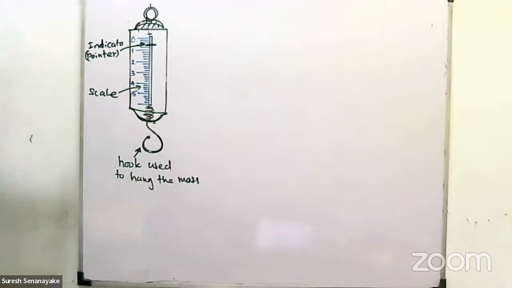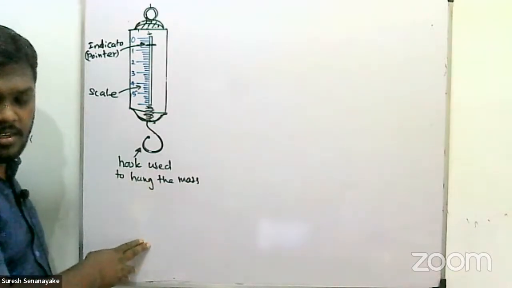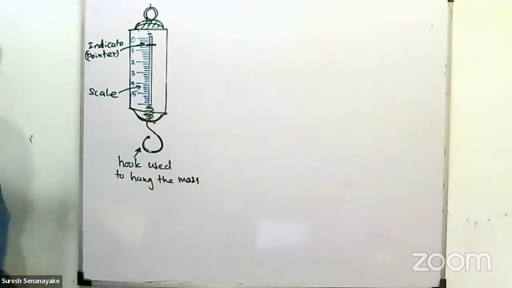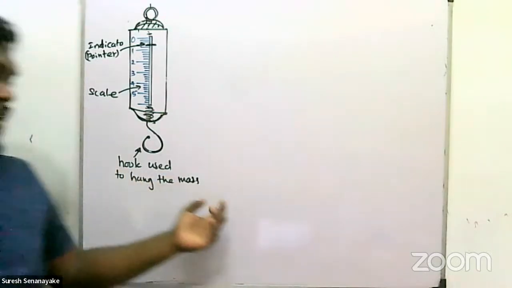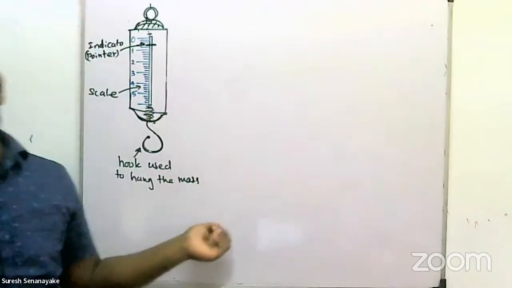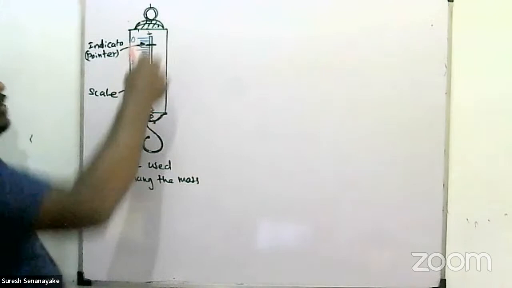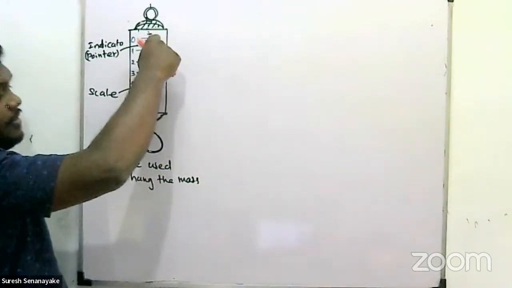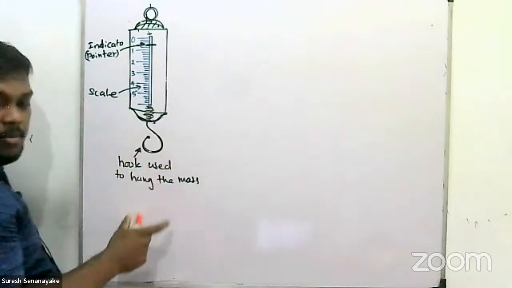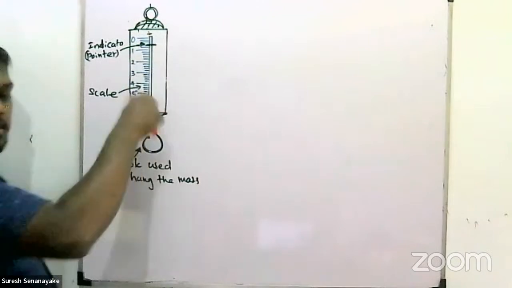Okay, what do we do first? First we hang the known mass there, right? So then according to the extension of the spring, I have to calibrate this spring balance. Let's say if you hang no mass, the indicator is at zero. If you hang a 10 kilogram mass, let's say it extends to this point, then you can divide the region into equal divisions.